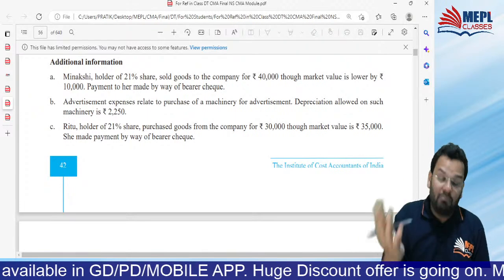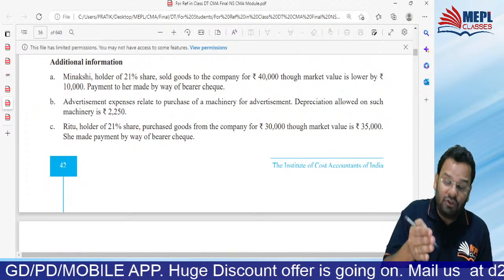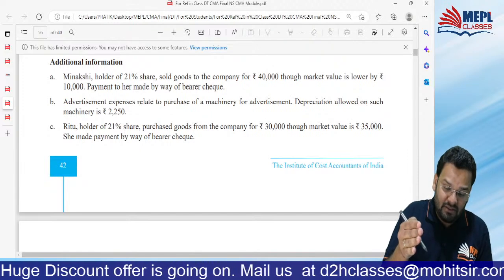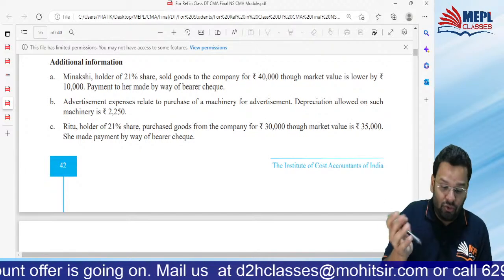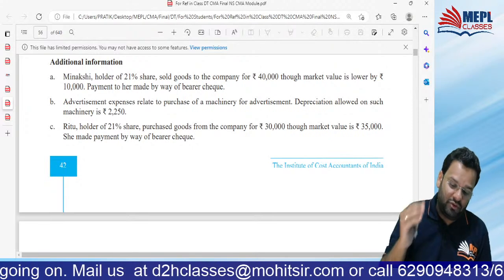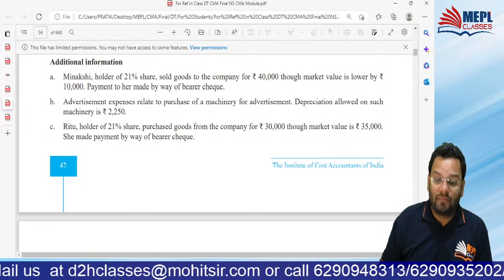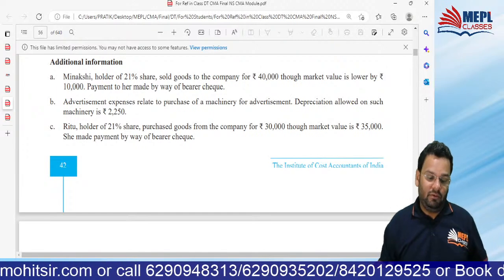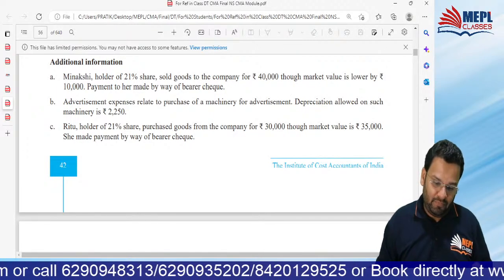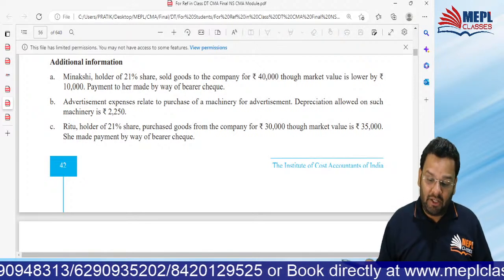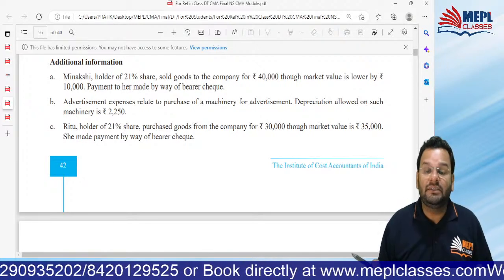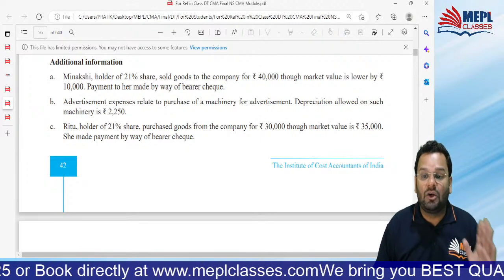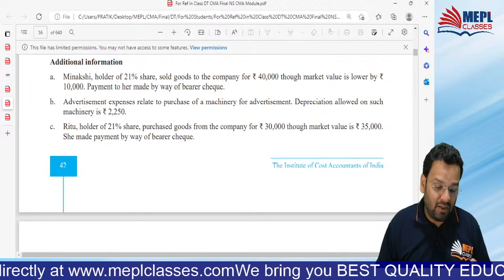The company has purchased goods from a specified person at a value which is higher by 10,000. In short, you have made an extra payment to a specified person. That extra payment is 10,000 rupees. You'll have to add back 10,000.